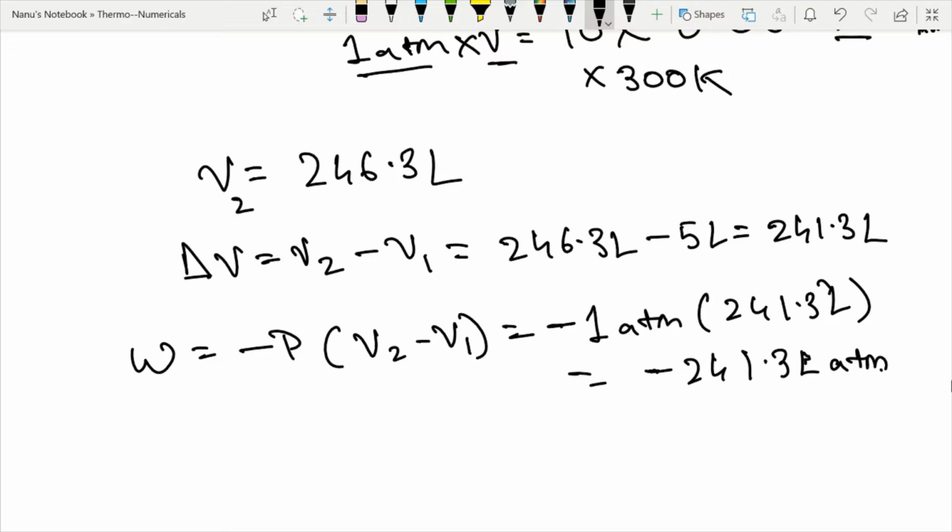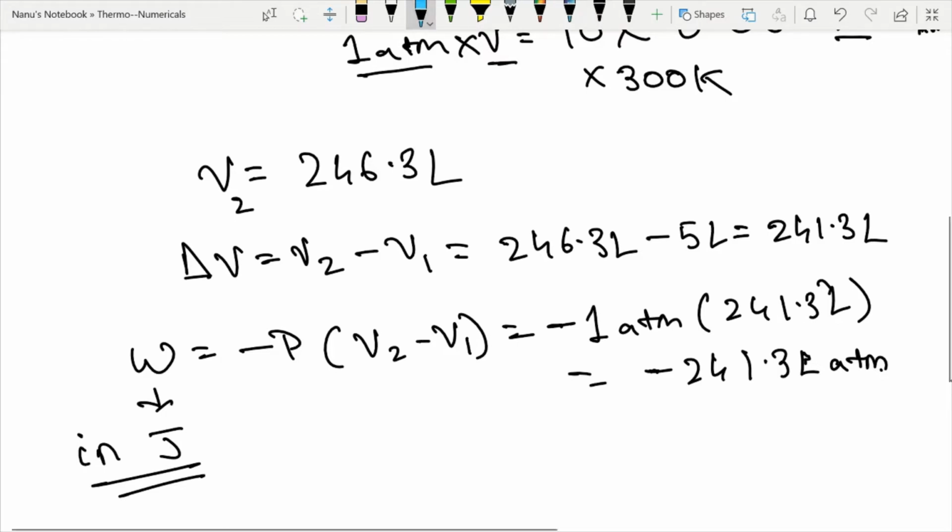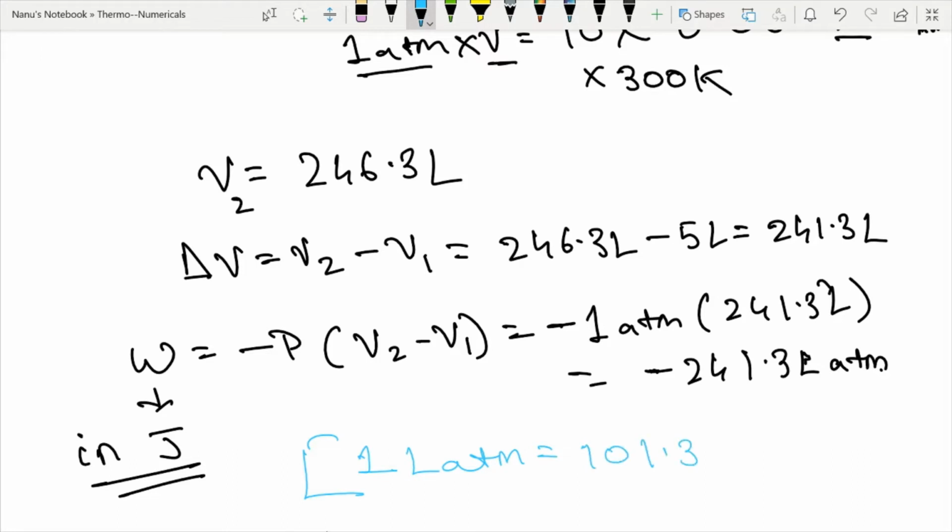Now the trick comes. Sometimes they will ask you to express it in joules. How will you express this in joules? You should know this conversion unit, which is very much asked in thermodynamics: 1 liter atmosphere is equal to 101.3 joules.